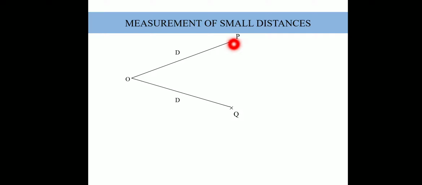The upper pole we call the north pole. So we looked at the moon from the north pole, point P, and then we went to the opposite end, point Q, which is at the south pole.